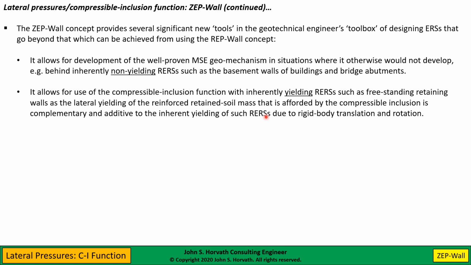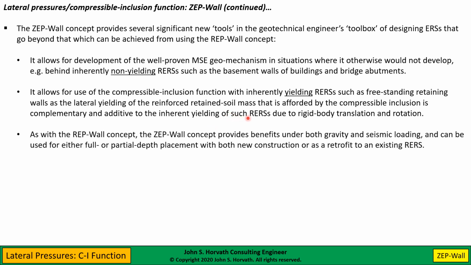Well, if we included geofoam compressible inclusion with reinforcement in the soil behind that wall, again, new construction or with an existing wall, the additional lateral displacement that the geofoam compressible inclusion provides is complementary and additive to the inherent sliding and rotation of the retaining wall. So they act together to reduce the forces even more.